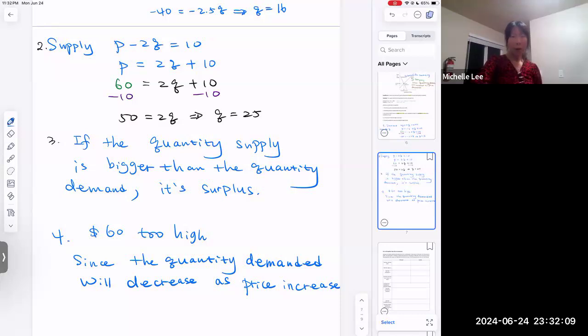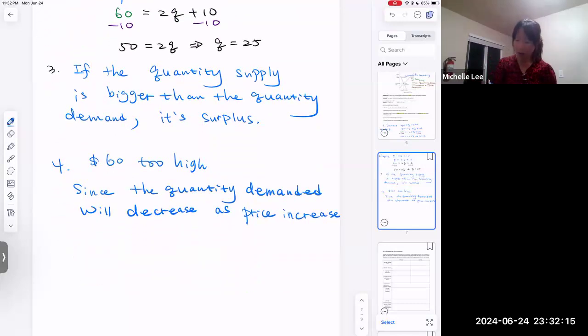Okay, number 5. Find the equilibrium price and quantity algebraically. So equilibrium price.